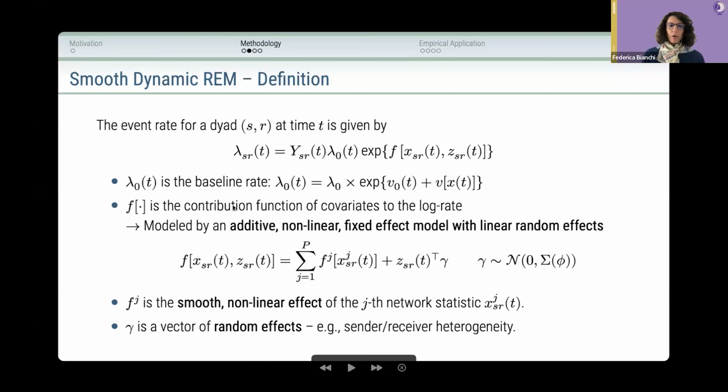And then we have exactly this Fj, which is the smooth nonlinear effect of the J network statistics. Gamma is just a vector of random effects that we added to our model specification to take into account, for instance, sender and receiver characteristics.